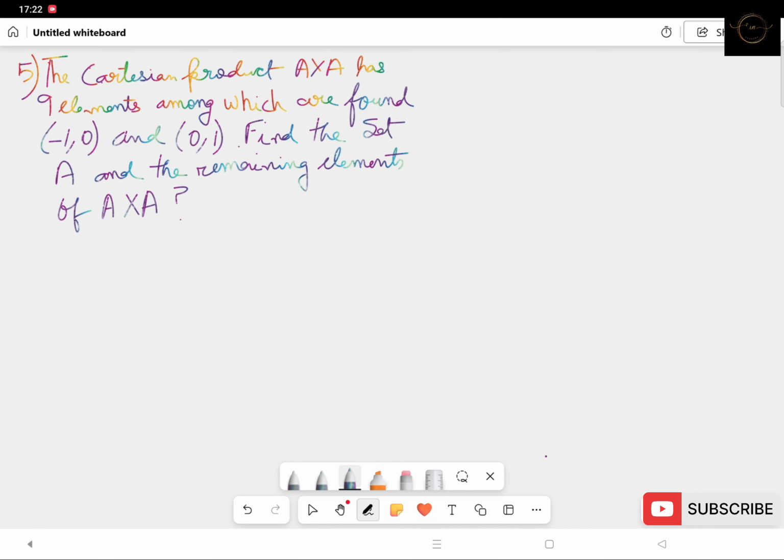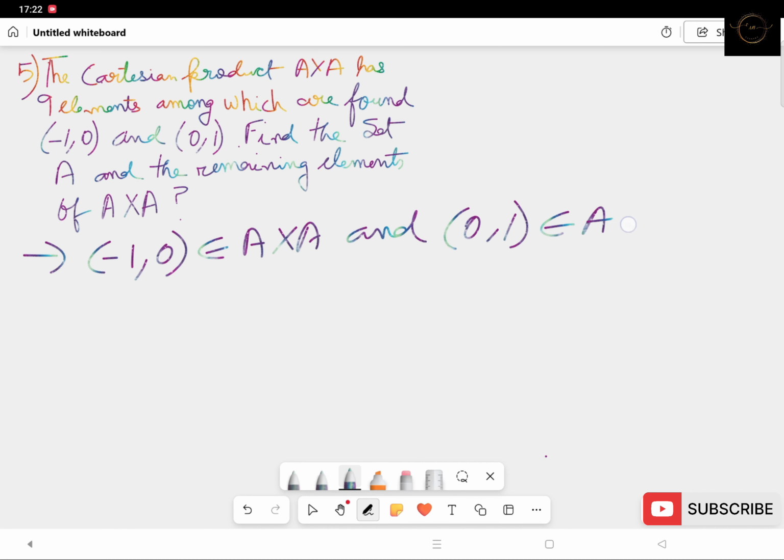Find the set capital A and the remaining elements of A into A. So the Cartesian product A into A has a total of 9 elements, and it is also found that -1, 0 and 0, 1 are the two ordered pairs of the set A into A. So therefore -1, 0 belongs to A into A, and also 0, 1 belongs to A into A.